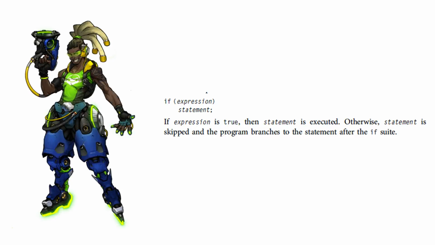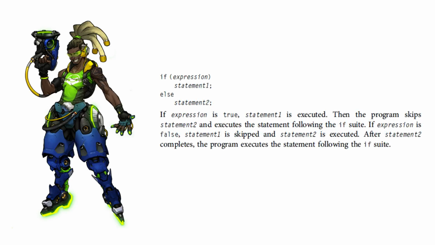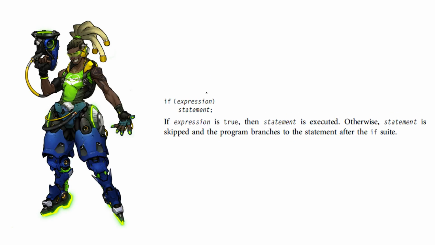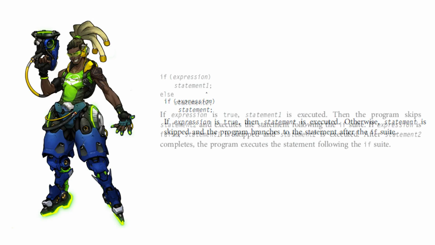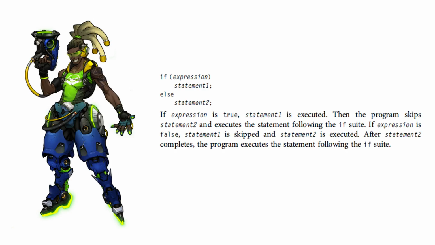So here's an example of where you would use it. Inside that expression is where you would use some of those relational operators. So an if statement, again, is you write your if, you put your expression, and if that's true, it'll run the statement, right? That should be pretty clear, hopefully, because we're about to write some code based on that. An if-else statement means that if that expression is true, go ahead and run that first statement.